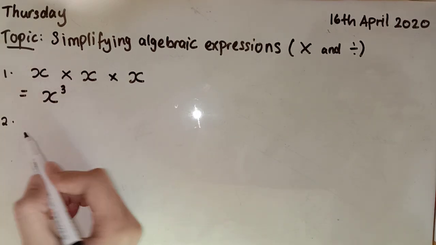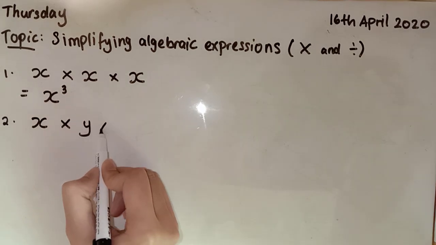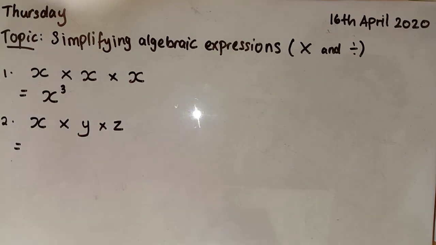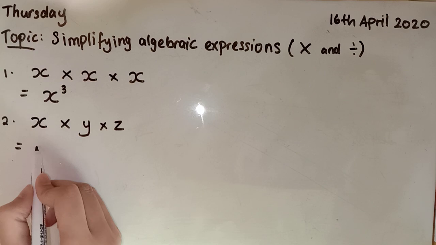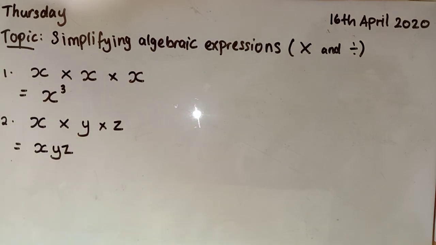Next one, next example, X times Y times Z. So this becomes XYZ. Okay, it's easy as that.